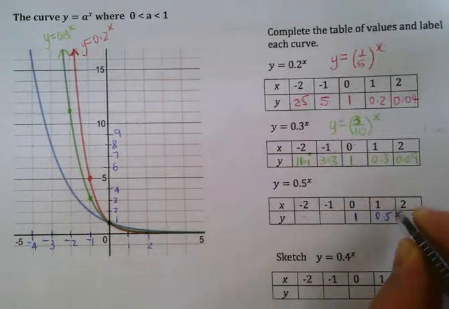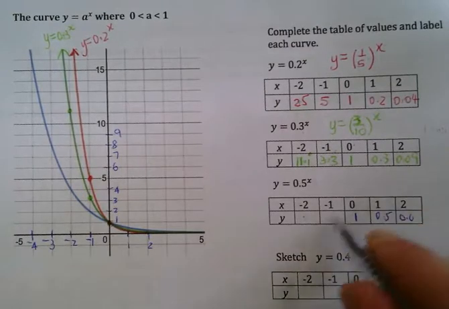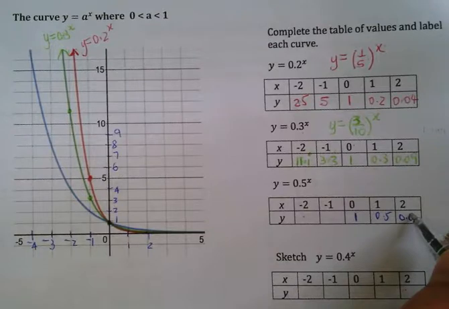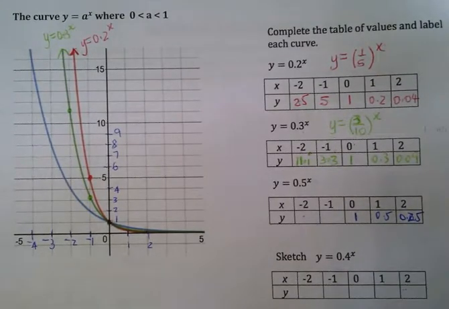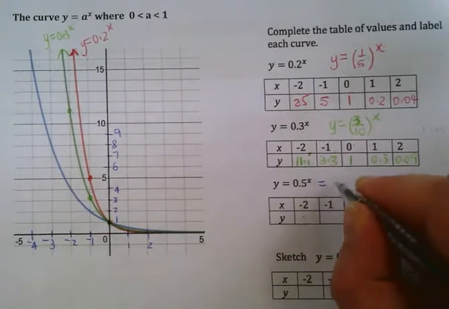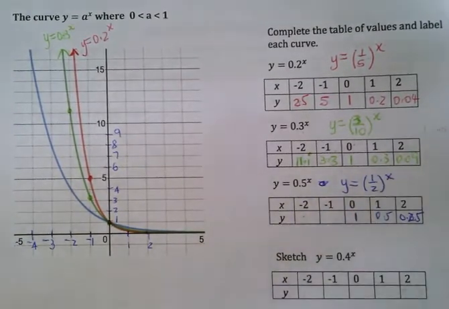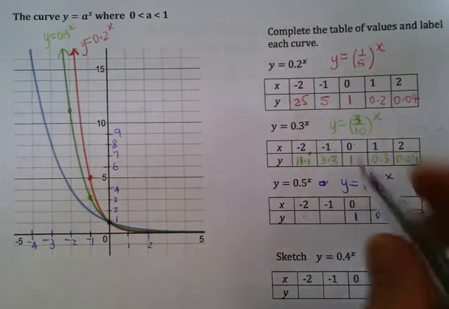For 0.5 to the power of x, the blue one: is it 0.025 or just 0.25? Because 0.5 times 0.5 is 0.25. This is also y equals 1/2 to the power of x, so that's how else you can see it. Yes, it's a quarter.